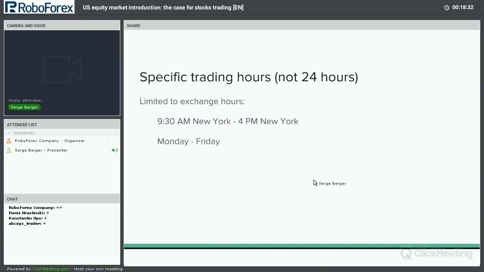Now, let me spend a little bit of time on this slide. This is really important to go through because a lot of you are trading Forex or thinking about it, and maybe you've already started trading some stocks, some US stocks.